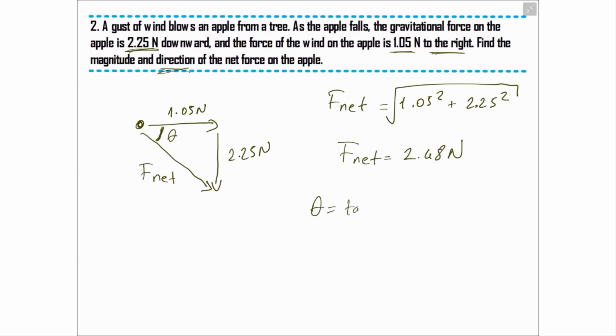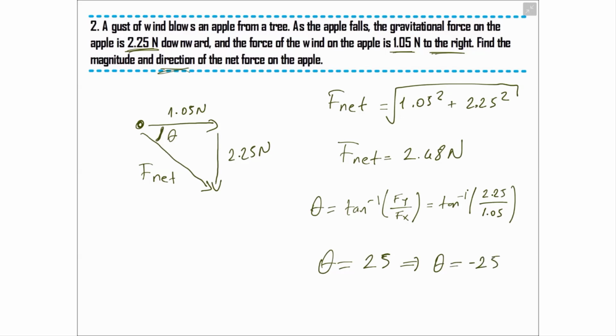Theta equals tangent inverse of Fy over Fx. So tangent inverse of Fy, 2.25, over Fx, 1.05, and the theta will be 65 degrees, but it's actually in the fourth quadrant, so it must be with the negative sign. So the theta will be negative 65 degrees.